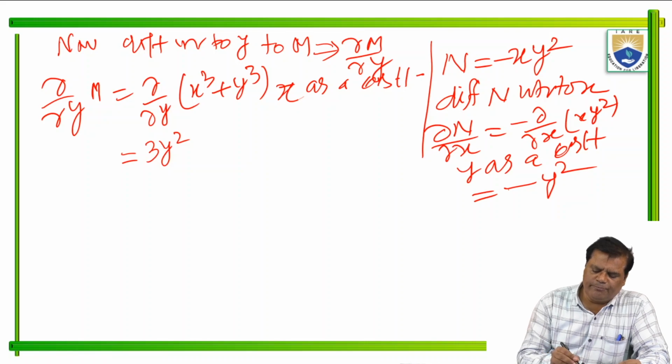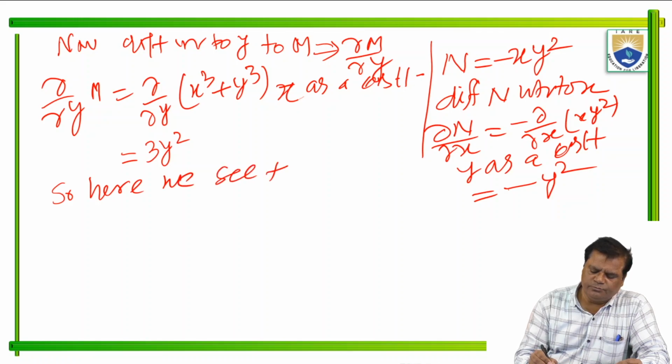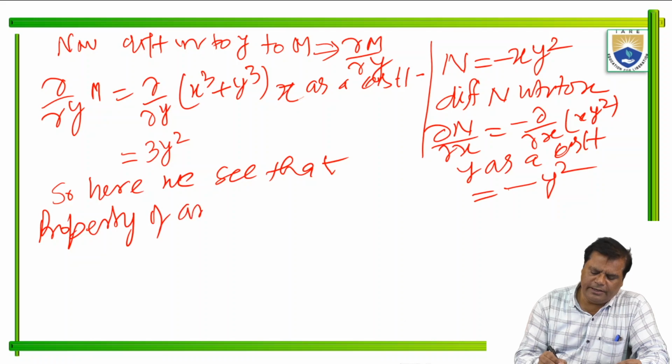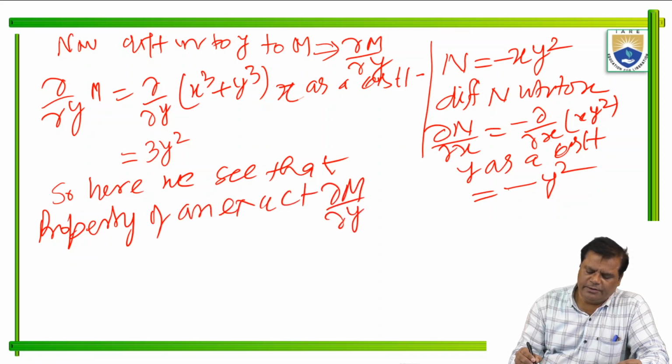So here we see that the property of an exact equation, del M over del y is not equal to del N over del x.